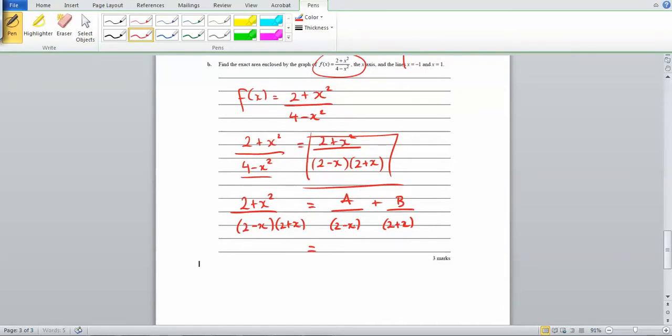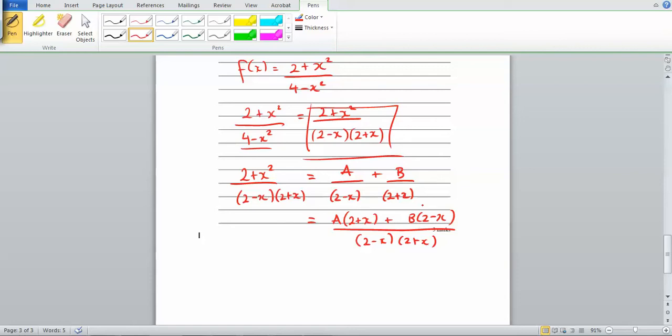Well, in order to have this all over the one fraction, we need to multiply the a by 2 plus x and the b by 2 minus x, and that's all over 2 minus x, 2 plus x. And we want to find these constants, a and b.